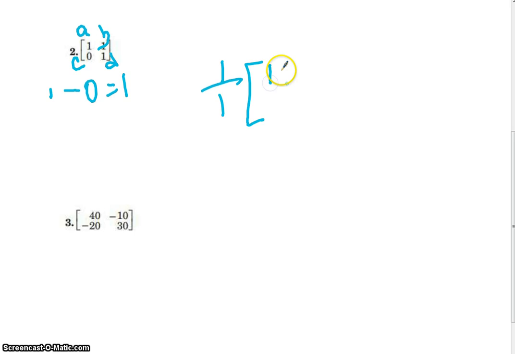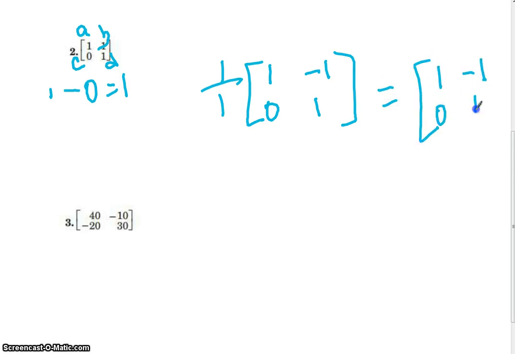Negative B means go find B, which is 1, and use the opposite sign. So negative 1. Negative C, so that's still going to be 0. And A, which is 1. Then you just multiply everything. This is just going to be times 1. So your answer is 1, negative 1, 0, and 1.